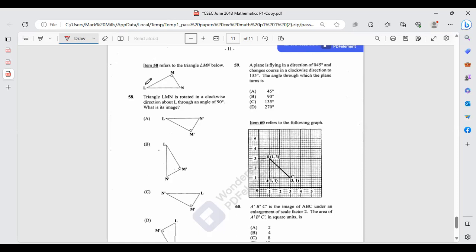If I draw the line this way, look at L, and I want to rotate this line 90 degrees, this line will come right under here. So this end will come to this end here, then M will be somewhere over here. Everybody see that? So M will fall down here and come this side, and we end up getting something like this. So definitely the answer is B, because that would have been 90 degrees.